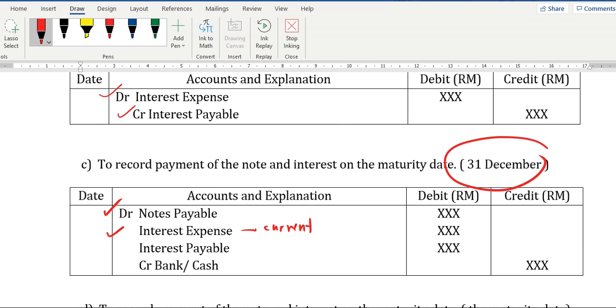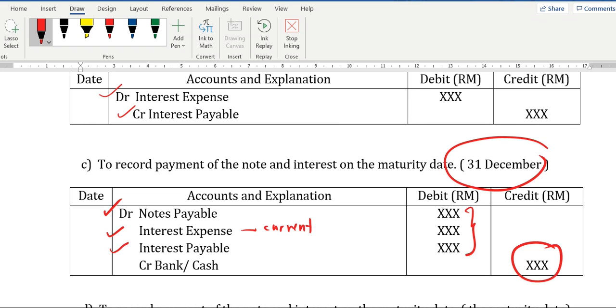It's just towards the closing date, so you will be paying the interest expense on the spot. That means you will declare that as your interest expense, and at the same time you need to pay for the backdated interest expense that is already accumulated in your interest payable. So these three amounts will be paid during the maturity date.